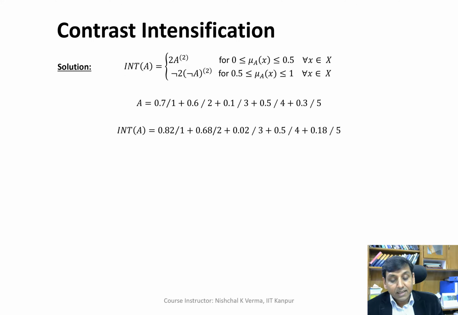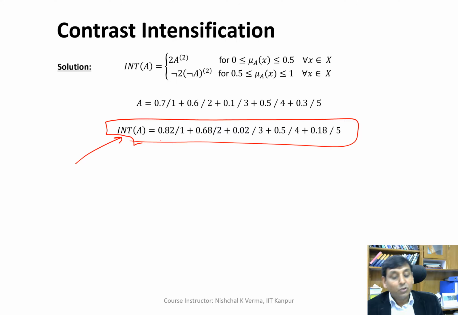Then when we write the new fuzzy set, which is nothing but the intensified fuzzy set, which is the contrast intensification of A, since we have already computed all these new membership values for generic variable values 1, 2, 3 and 4, we get this new fuzzy set.